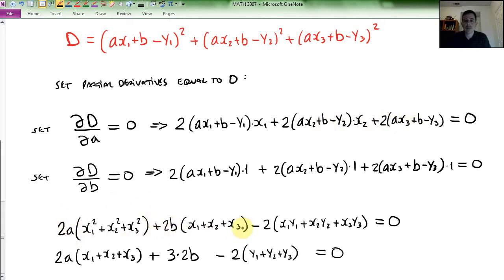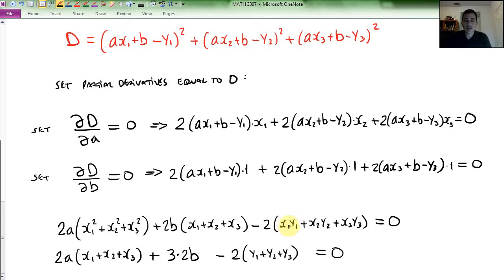Same thing with the 2b: you have 2bx1, 2bx2, 2bx3. I'm missing x3 in there, right? Yes, I'm missing an x3 here. When I took the derivative, I forgot to put x3 here. So here it is.